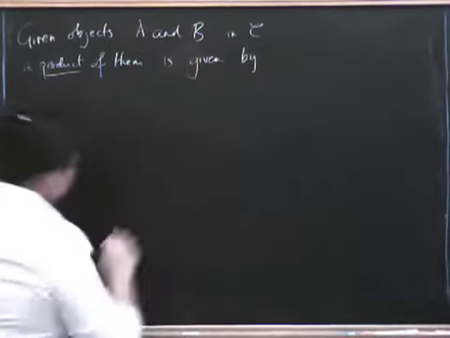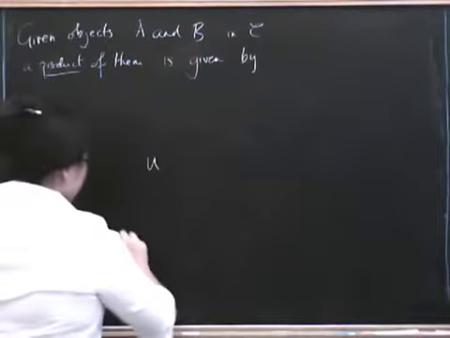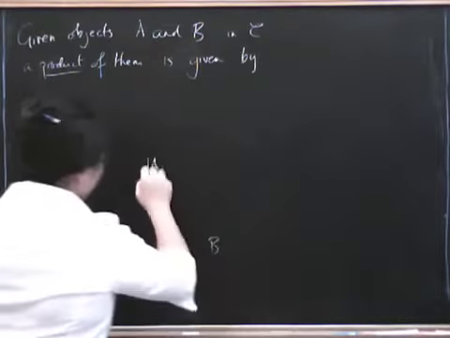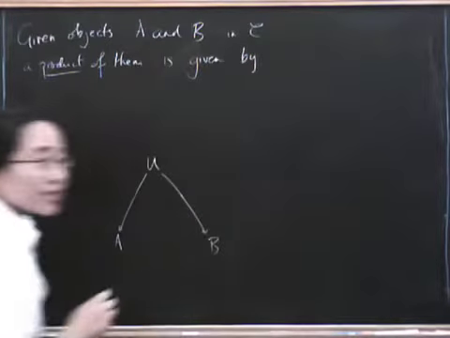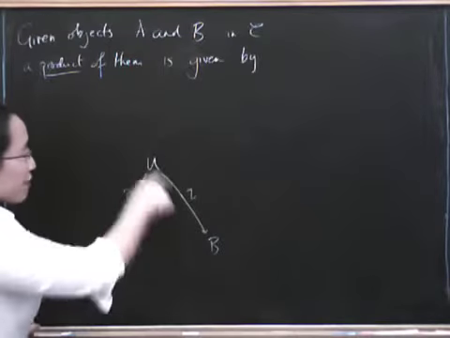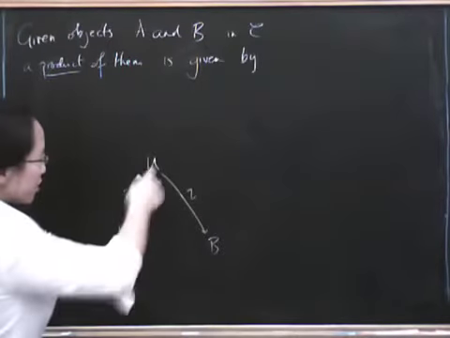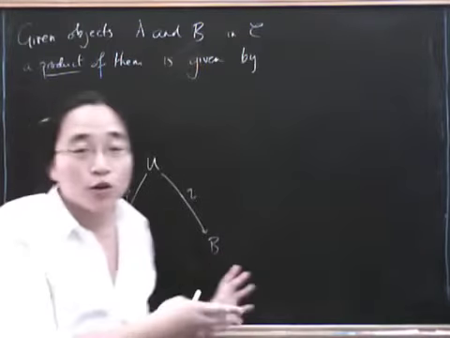Here's the object that's going to be the product, but it's not just any old object. It's got to come equipped with some structure that tells us it's a product. And what is that structure? Well, it's a pair of maps which we consider to be projection maps, one going to A and one going to B. Now, of course, it's not just any old diagram like this.